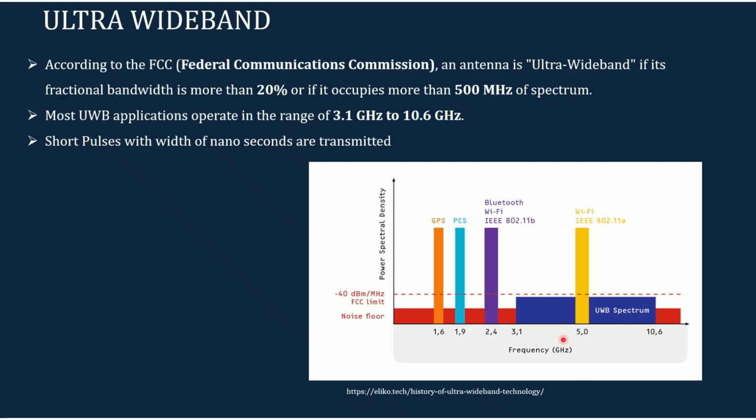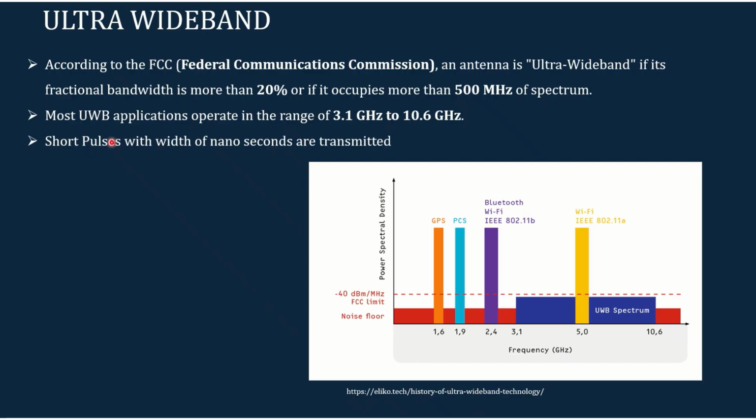You can see that the UWB spectrum extends from 3.1 to 10.6 gigahertz, and compared to the power of other applications, the UWB power spectrum is very low and just above the noise floor. That means a UWB system transmits at a very low power level.